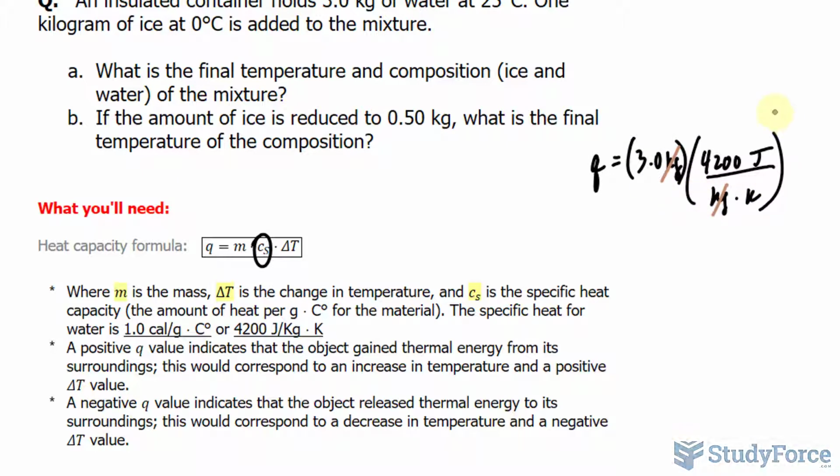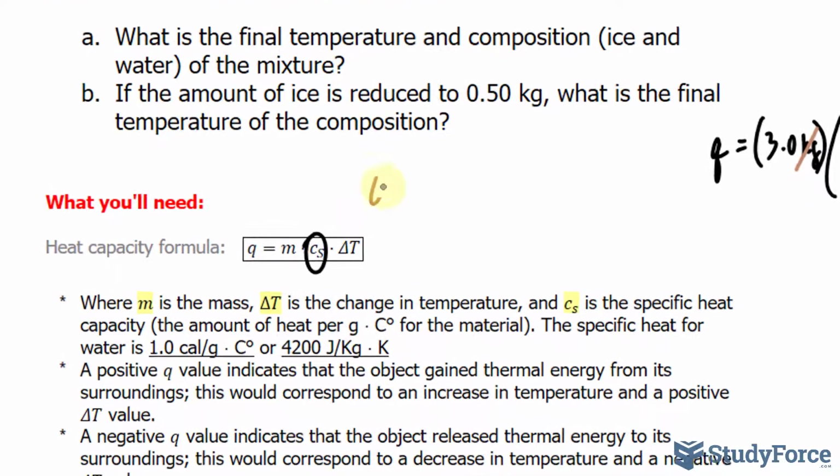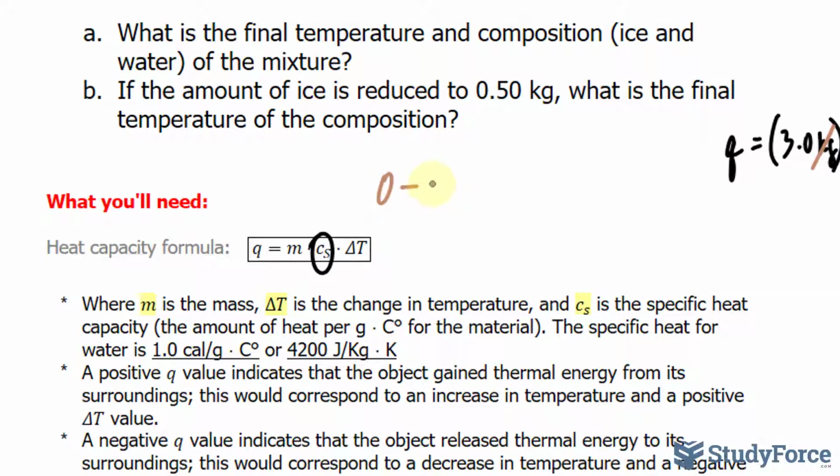And now we multiply this by the difference in temperature. So the water is 25 degrees and the ice is 0 degrees. The final temperature being 0 minus our initial 25. Remember that the change in temperature is equal to the temperature final minus temperature initial. So subtracting these, I get negative 25 degrees Celsius. And keep in mind that the units here are in Kelvin. So if I were to convert 0 to Kelvin and 25 degrees to Kelvin, I would still end up with a difference of negative 25.